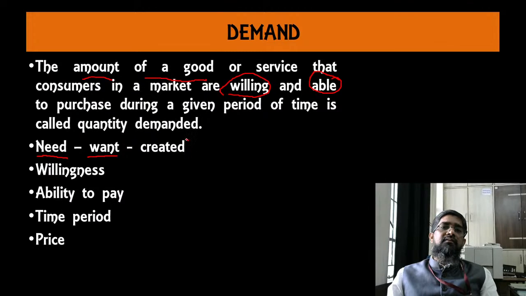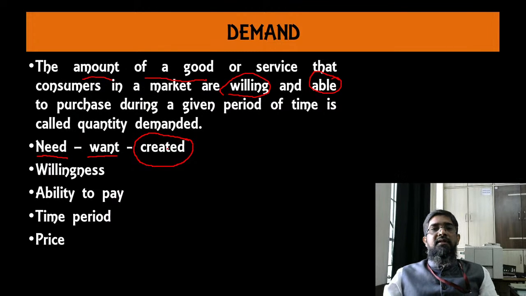But there is one aspect that is known as created demand. Nowadays you see there are a lot of sales and advertisement activities in the market. What are these sales and marketing activities for?